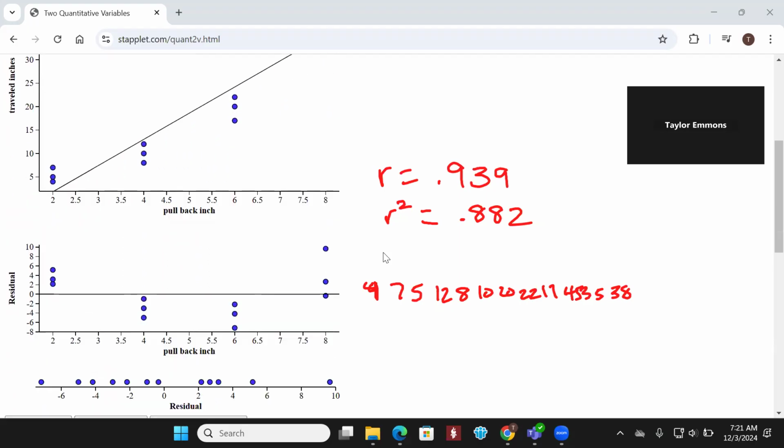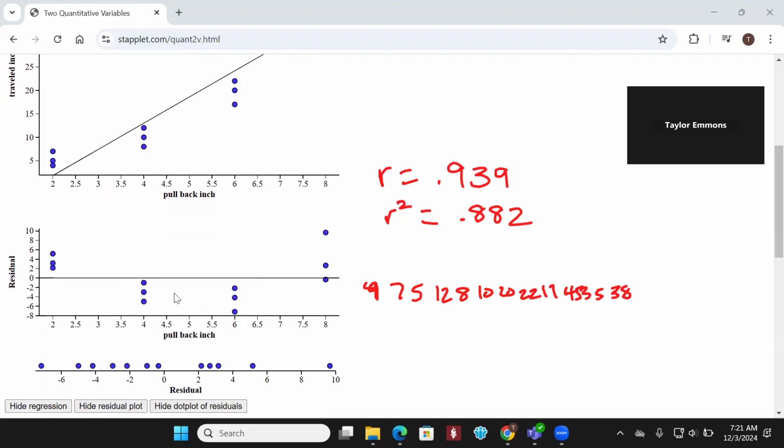Okay. Then you're going to draw the residual plot. Okay, here's your residual. Remind me what residual means.